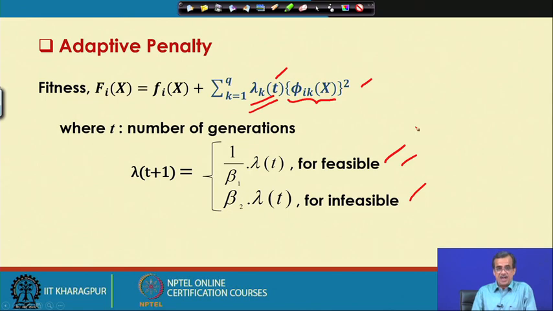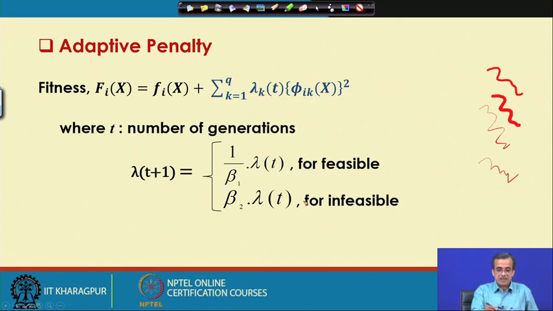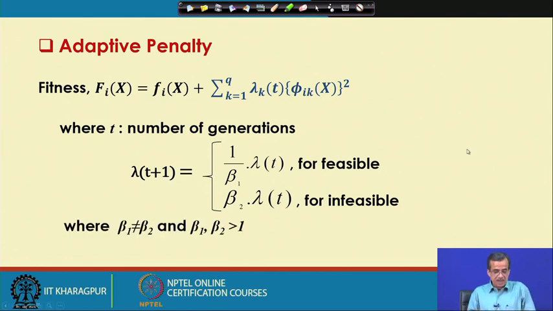And if there is a violation, that means for an infeasible solution, I will have to use lambda t plus 1 is nothing but beta 2 multiplied by lambda t, where this beta 1 and beta 2 are greater than 1 and beta 1 is not equal to beta 2.